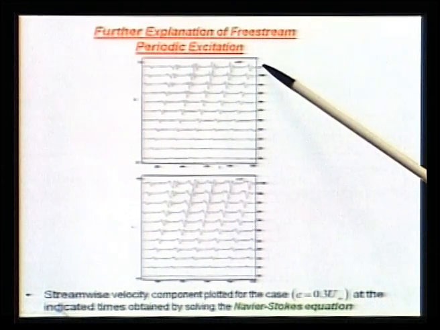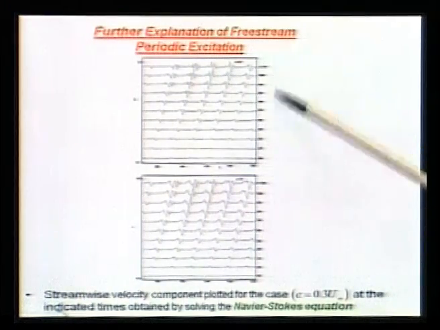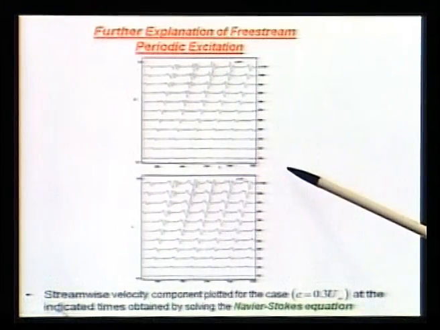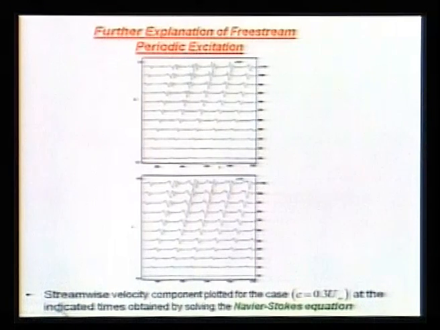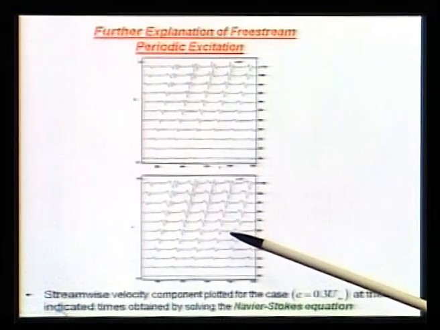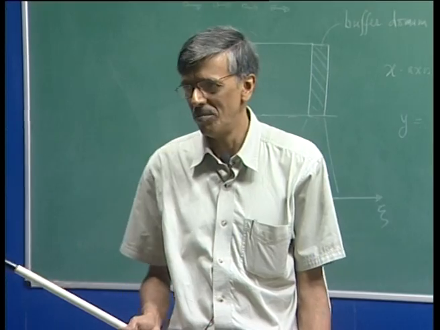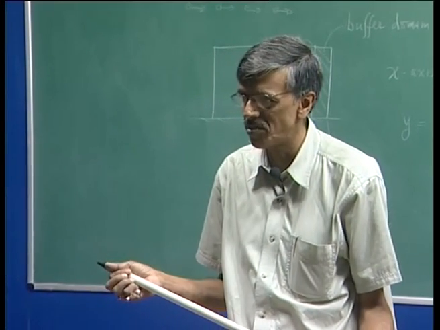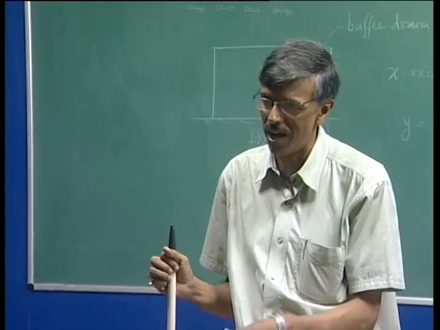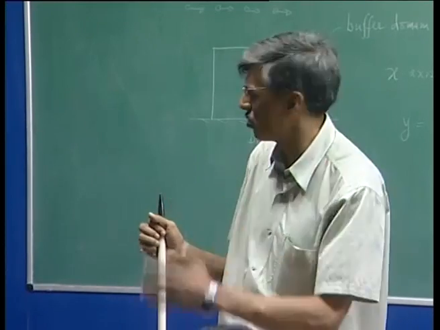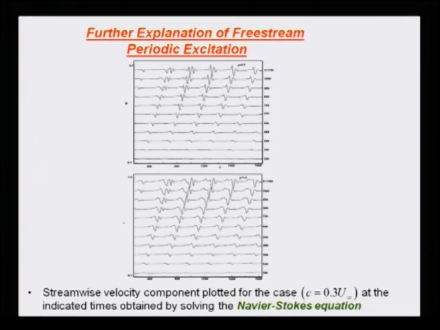So different curves correspond to different time, increasing in this particular manner. And what do we see? That if I look at it, the amplitude is actually increasing with y. It ought to be naturally, isn't it? Because we are creating a free stream excitation, so we should have the free stream modes that grow with y, and that's what you are seeing.